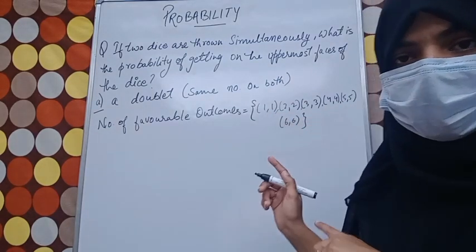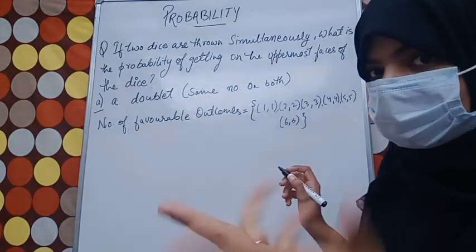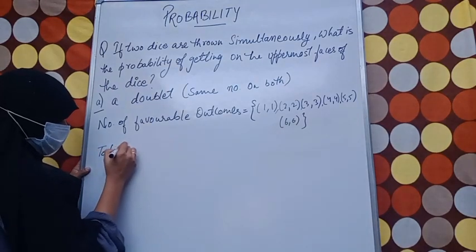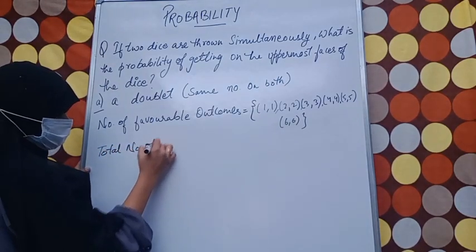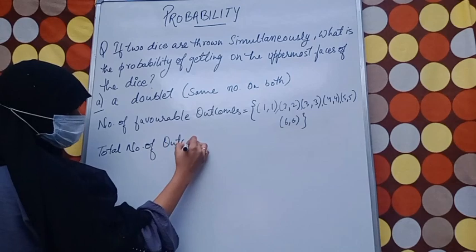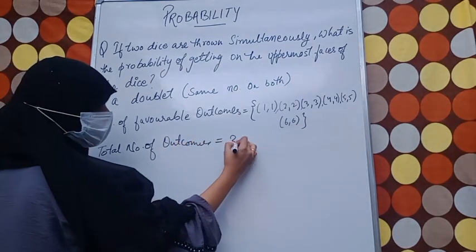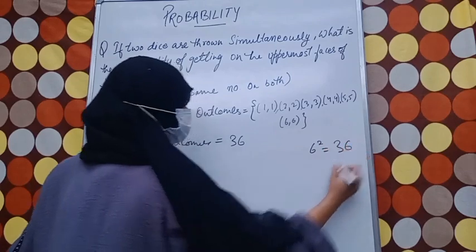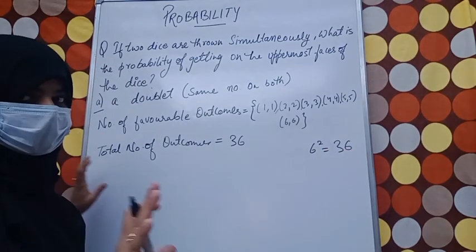And I already told you that 2 dice are rolled. So how many total outcomes will there be? 36. How? 6 to the power 2 will give 36, because 2 dice are rolled.